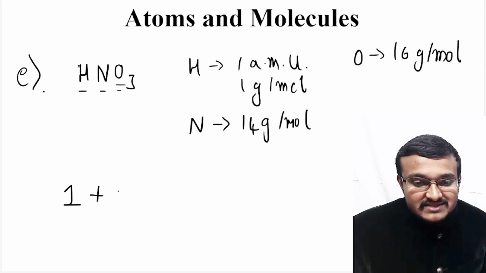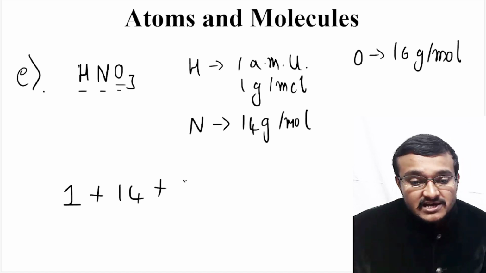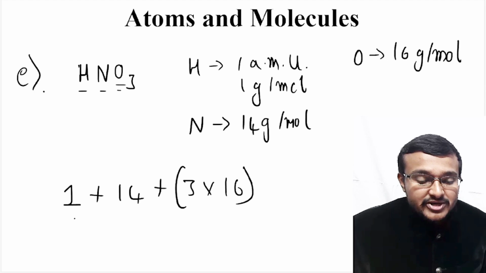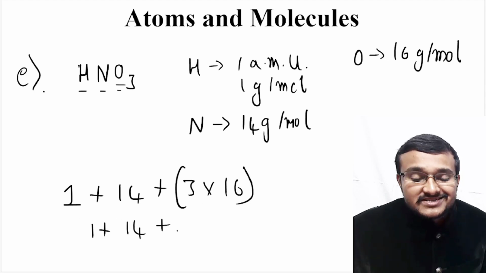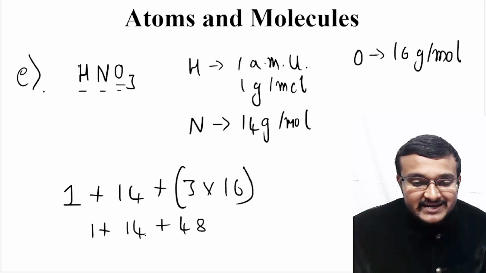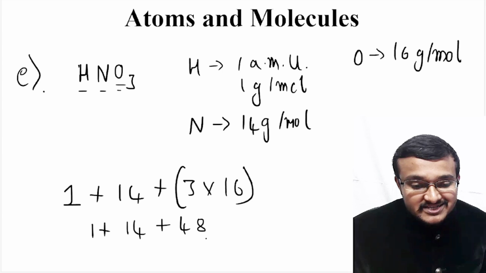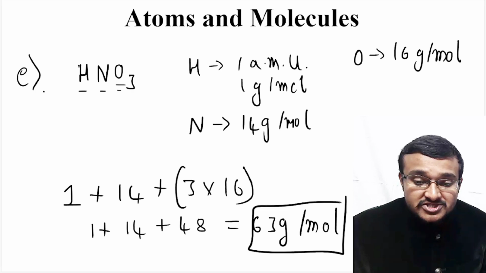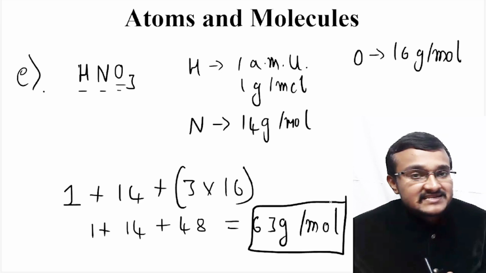So 1 plus nitrogen 14 plus oxygen, 3 into 16, should be written in brackets. Now you can solve this. 1 plus 14 plus 3 into 16 is 48. So 48 plus 14 gives you 62. 62 plus 1 is 63. So 63 gram per mole is the answer for this E question. That is, 63 gram per mole is the molar mass of nitric acid, that is HNO3.